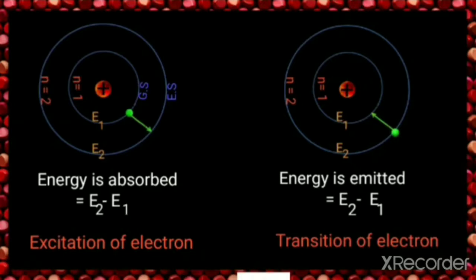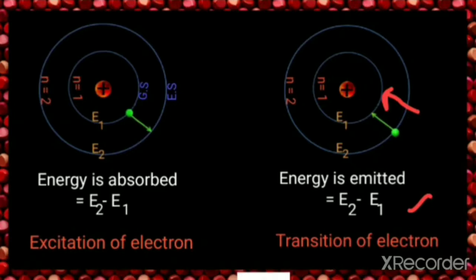Similarly, an electron can jump from a higher state to a lower state. That means the electron jumps back to the lower energy level, and it takes place by radiating, or we can say emitting, a suitable energy. This amount of energy can be calculated by the formula E2 minus E1.